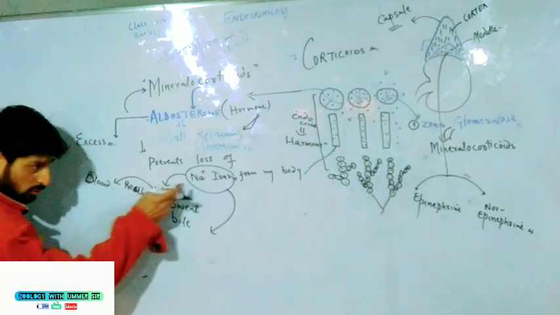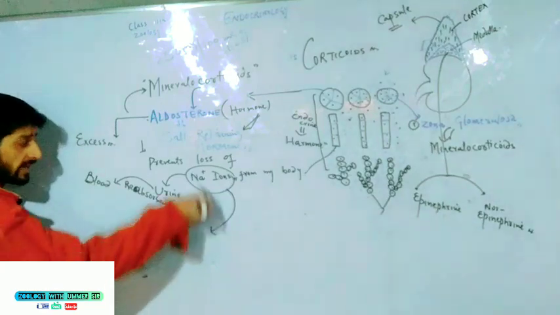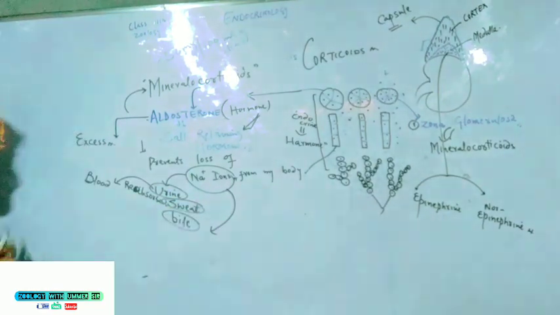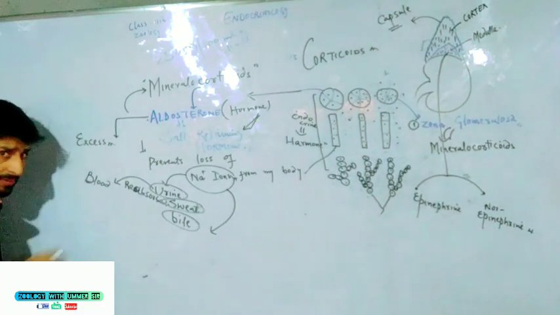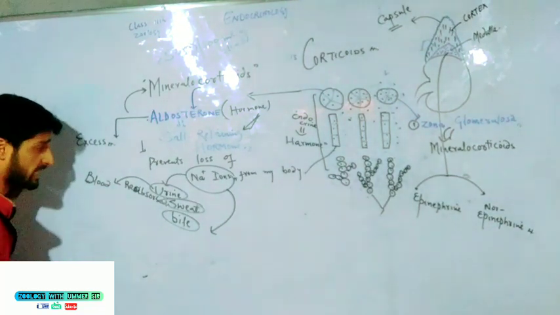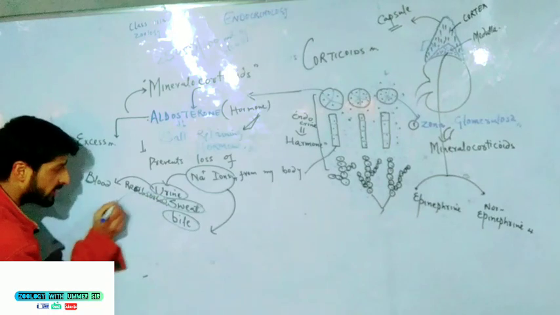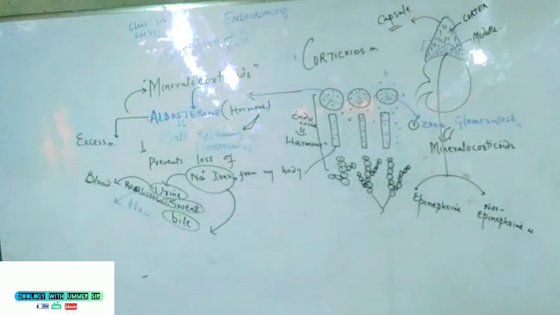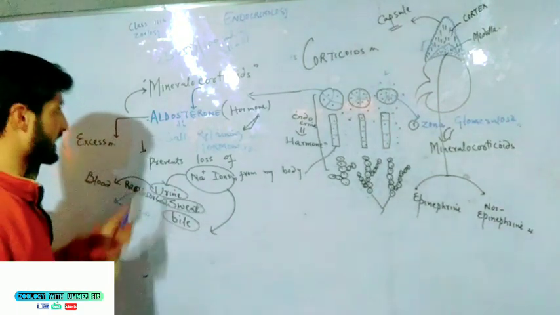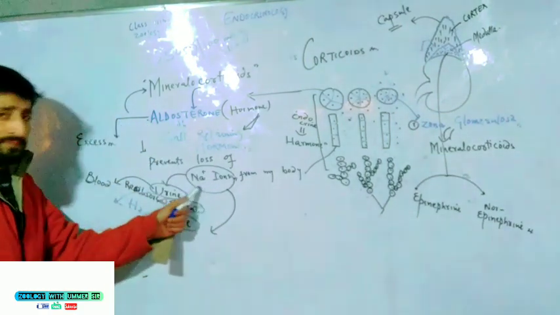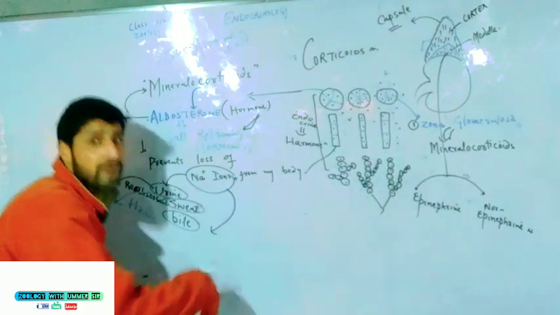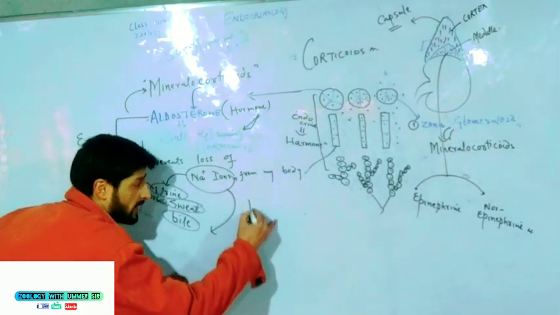It is not only the sodium ions that are reabsorbed back from your urine, your sweat or your bile. Along with sodium ions, water is also reabsorbed back. So should I say that aldosterone hormone causes sodium reabsorption, and sodium reabsorption is also accompanied by water reabsorption.